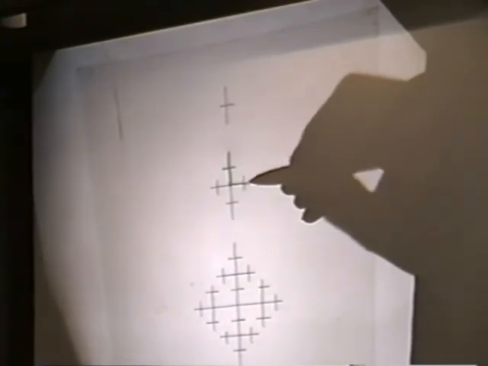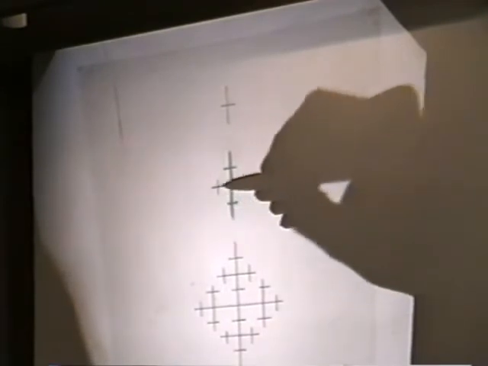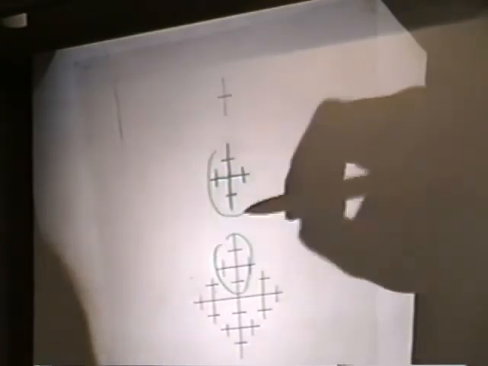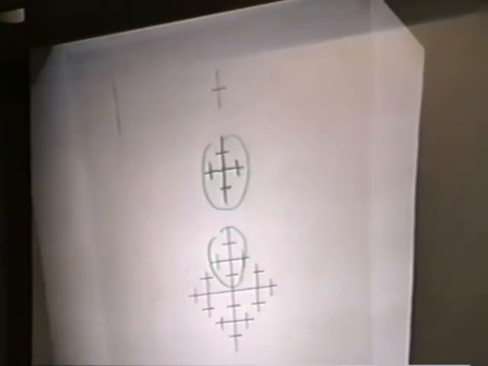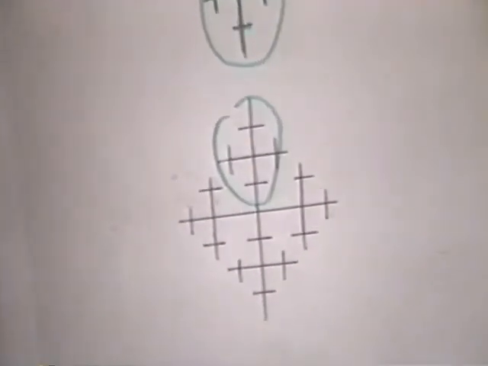Then take a rotation by 90 degrees of it, then a rotation by 90 degrees, then a rotation by 90 degrees. And do it again. This part here is the same one as this one. And rotate, and do it again, and again, and again. Is the construction clear? So this is a very inductive construction, and you do it again and again. And before the end, you get this picture.